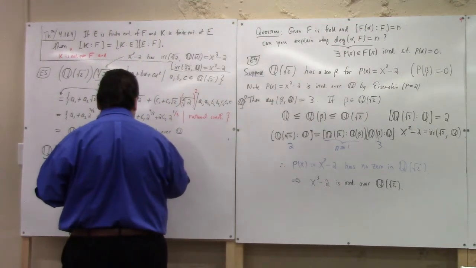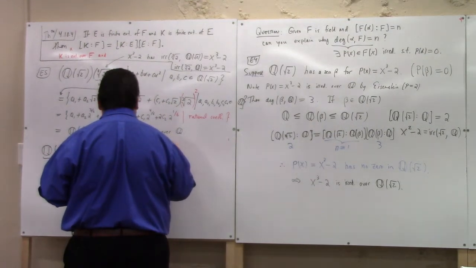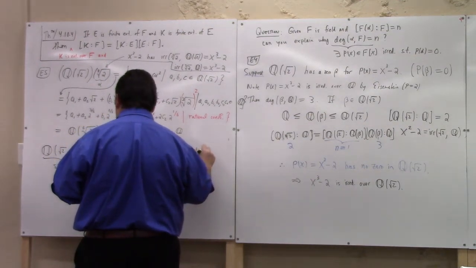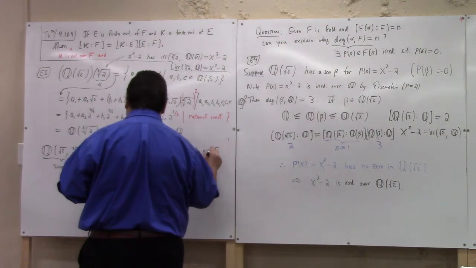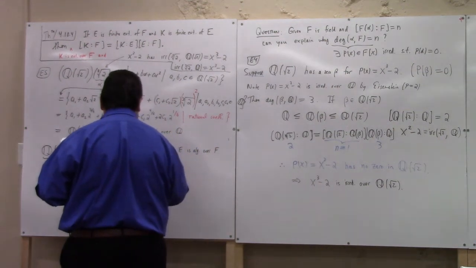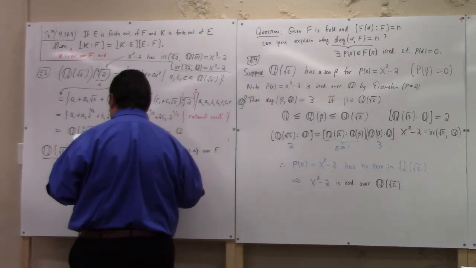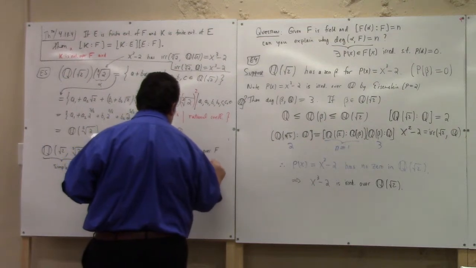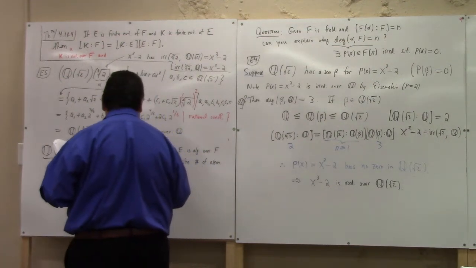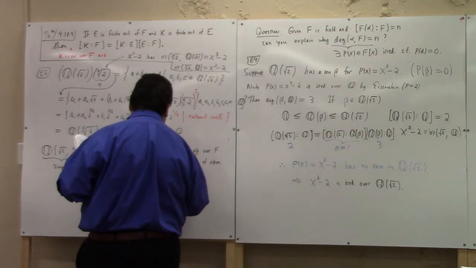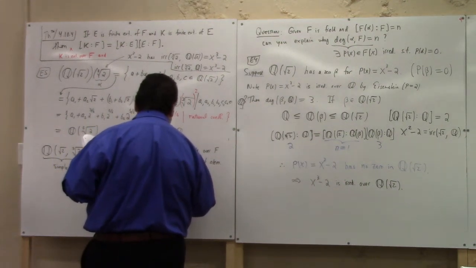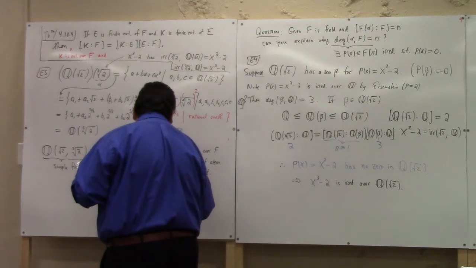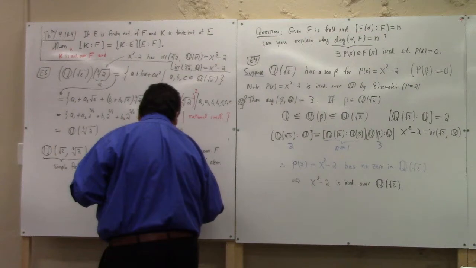Theorem, and this one I don't have proof for: if E is algebraic over F, then there exists a finite number of elements alpha 1, alpha 2 to alpha n in E such that E is equal to the extension of F by alpha 1, alpha 2, alpha n.